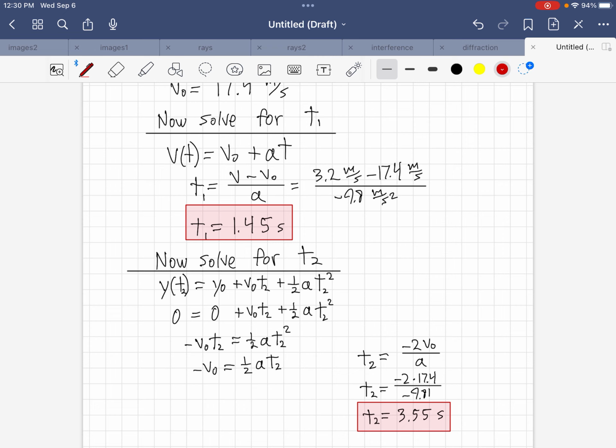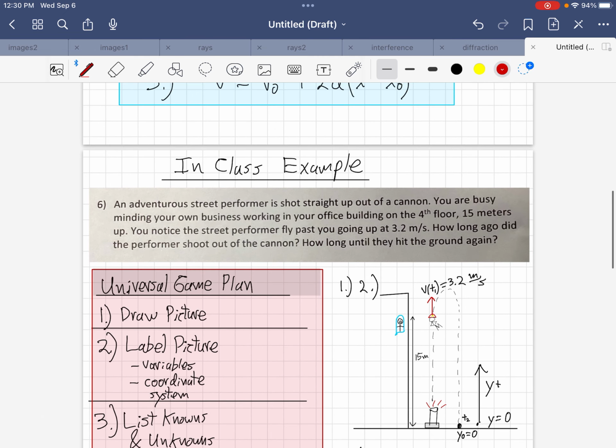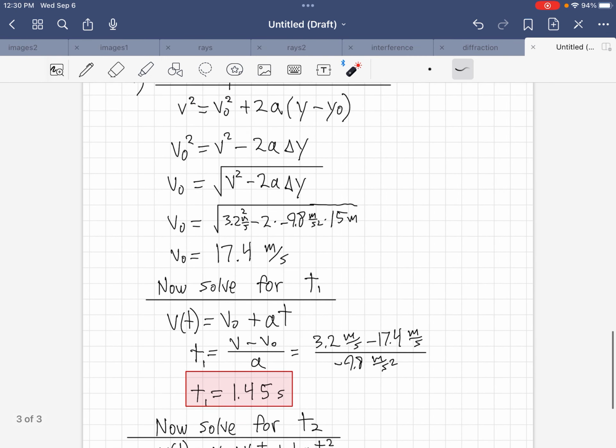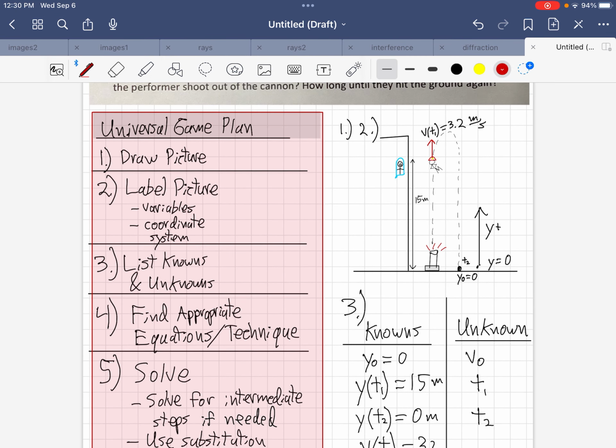But if we wanted to be precise and double check the question, what the question's asking is how long until they hit the ground again, right? And what we've actually measured, because in this problem, I set a reference frame not only for the position, but also for time. I said time equals 0 is when the cannon was fired, right?